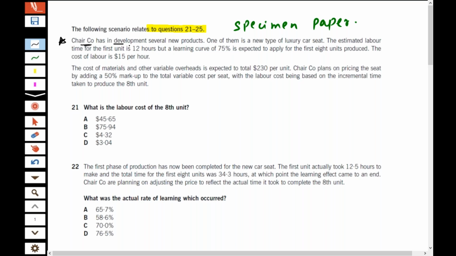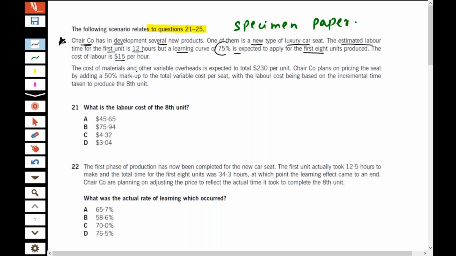Chair company has under development several new products. One of them is a new type of luxury car seat. The estimated labor time for the first unit is 12 hours, but a learning rate of 75% is expected to apply for the first 8 units. The cost of labor is given.